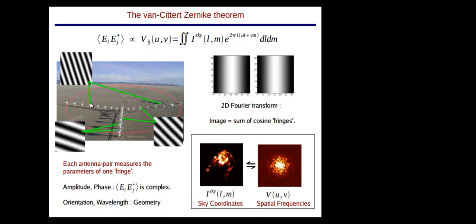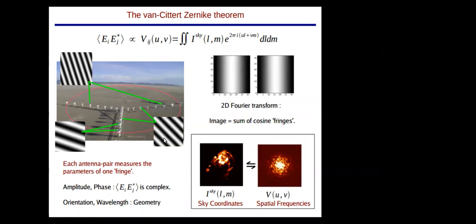So what we know so far is that each visibility comes from a pair of antennas which construct a baseline, and it measures a fringe pattern, right? These two antennas measure a fringe pattern here, this closer pair measures a fringe pattern here, and these two antennas measure another fringe pattern.